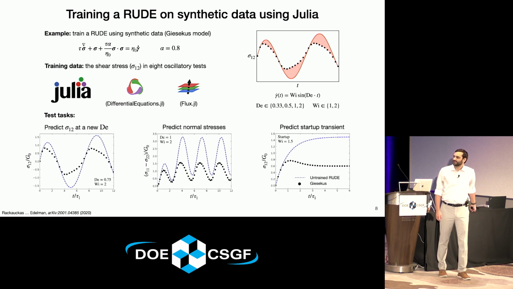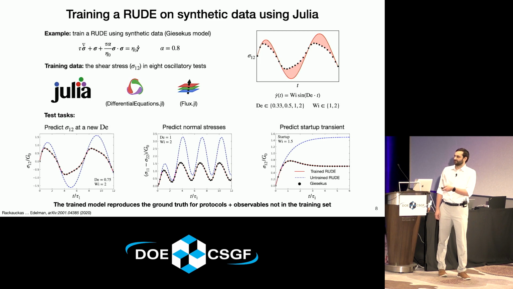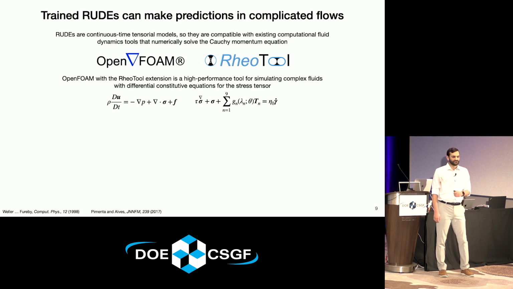So before training, as expected, the model misses pretty badly on some of these test tasks. But after we train, we get really, really good performance, really close match to our synthetic data. So it's encouraging that we can actually not just interpolate between training data conditions, but also extrapolate to different observables and different flow types.